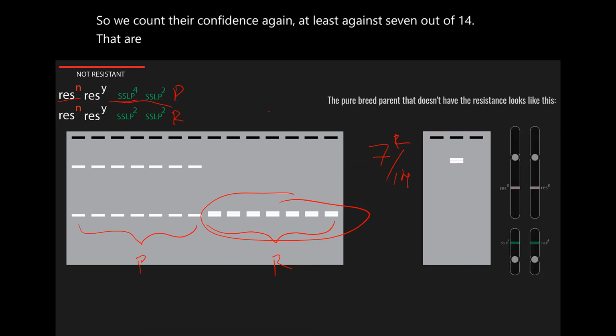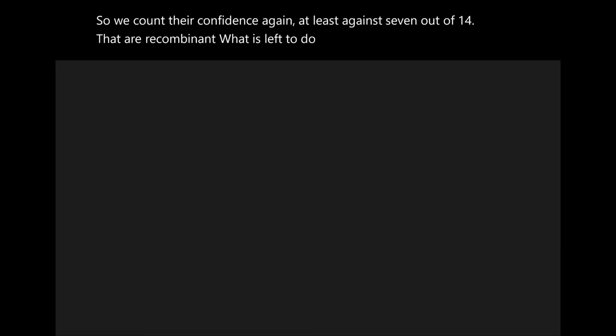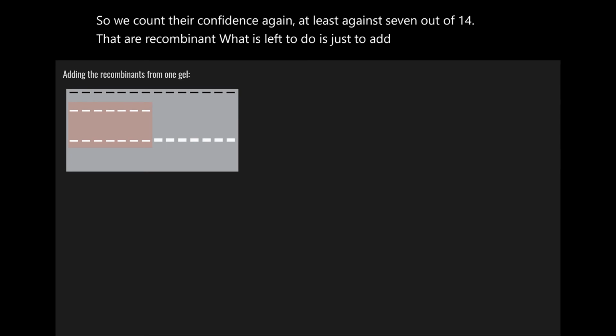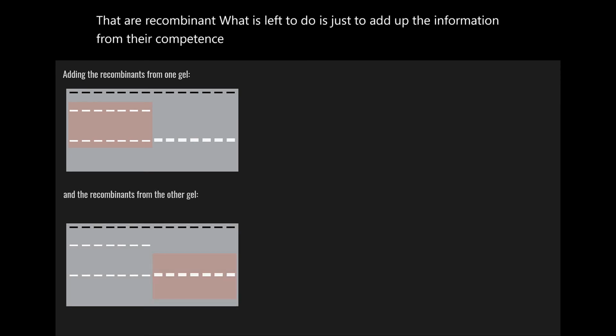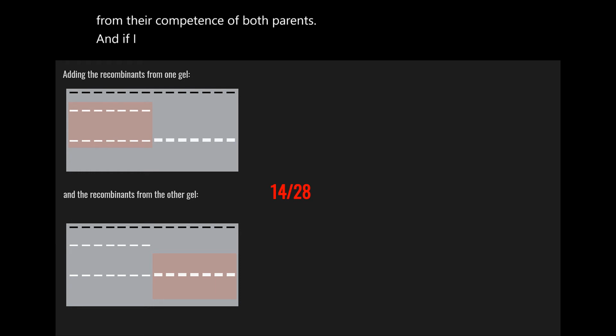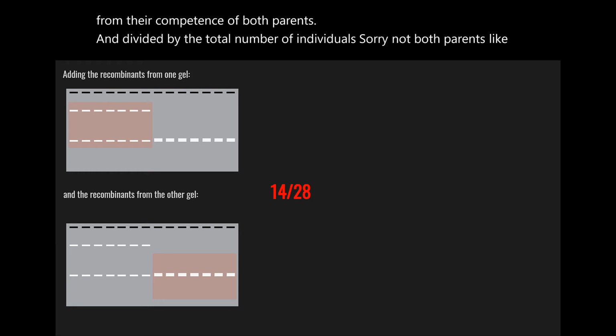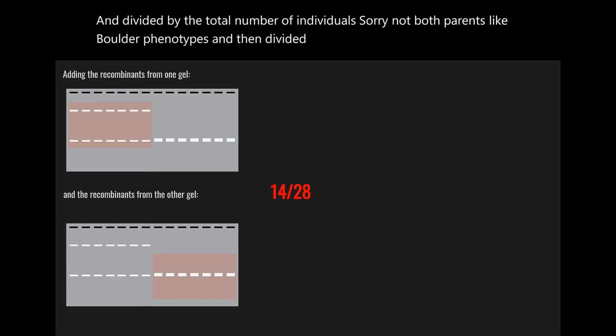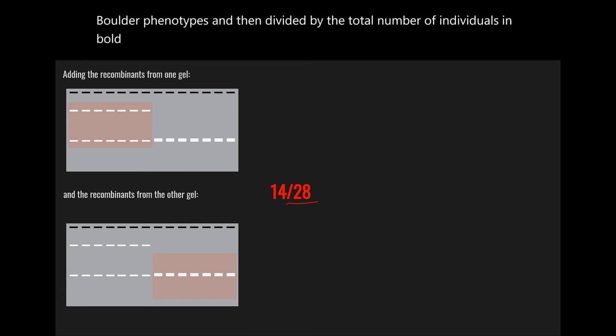What is left to do is just to add up the recombinants from both phenotypes and divide by the total number of individuals in both gels, which is 28, right? There are 14 on each.